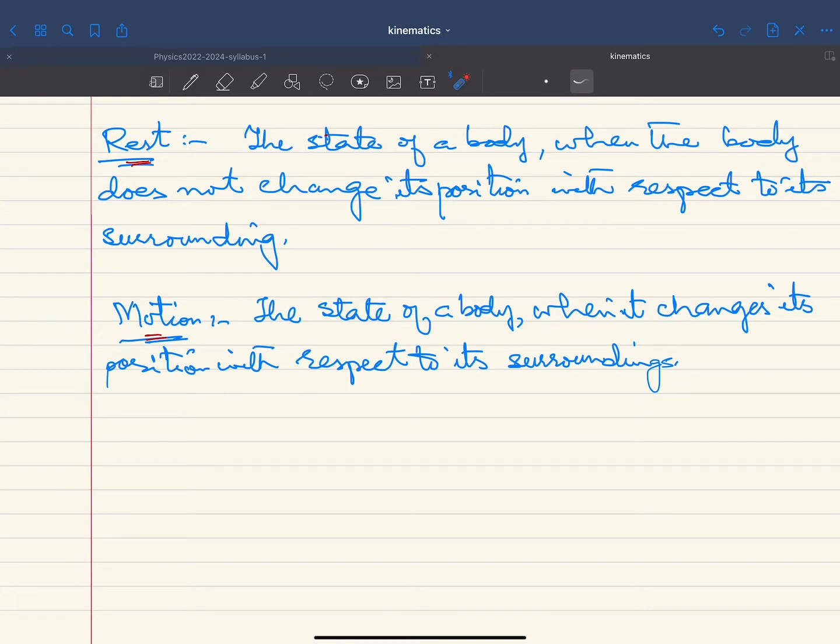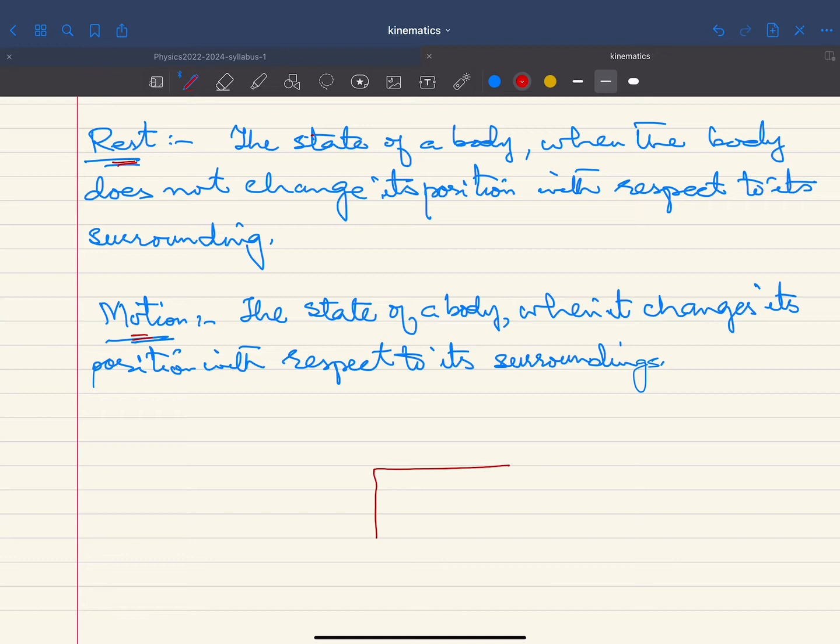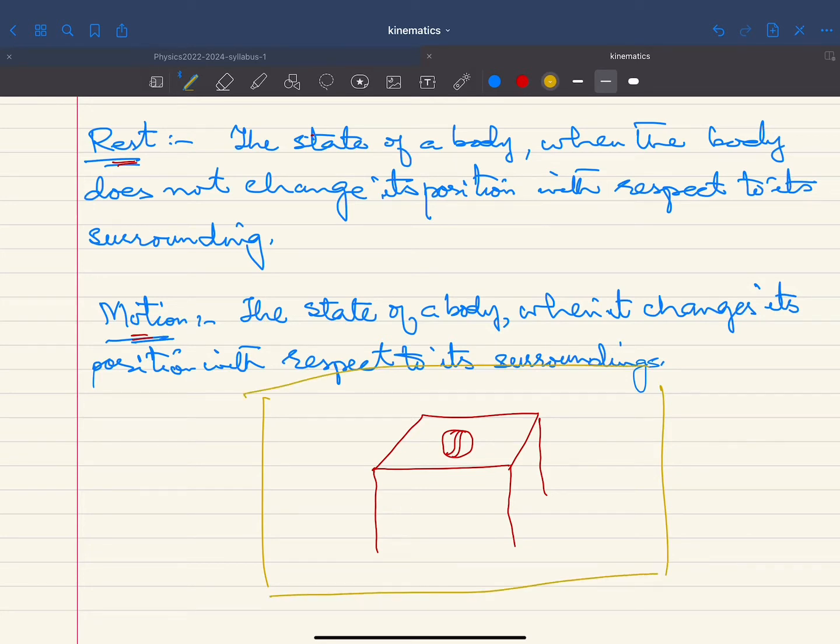What does this mean? Suppose we have a table, and on the table a book or a ball is lying. Around this table we have certain surroundings, like here one wall, here another wall, and if the table is lying in a room, then we have different walls.